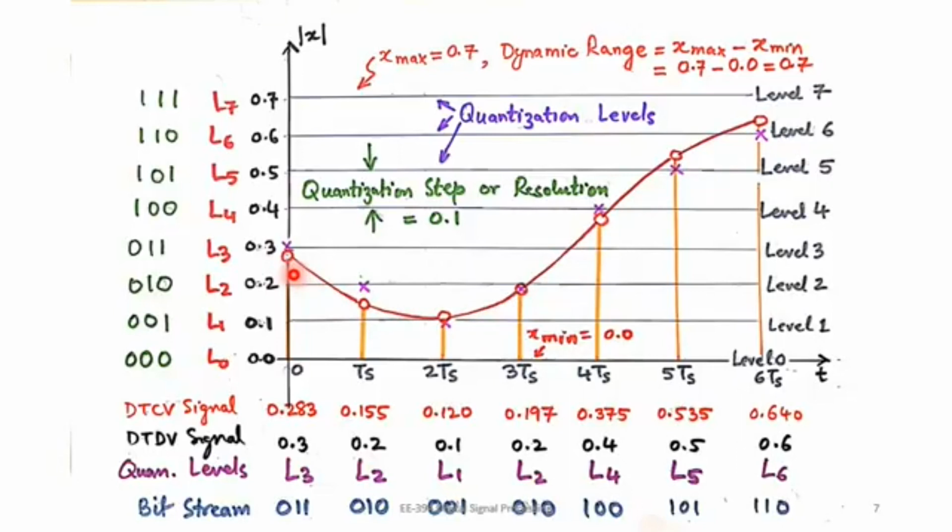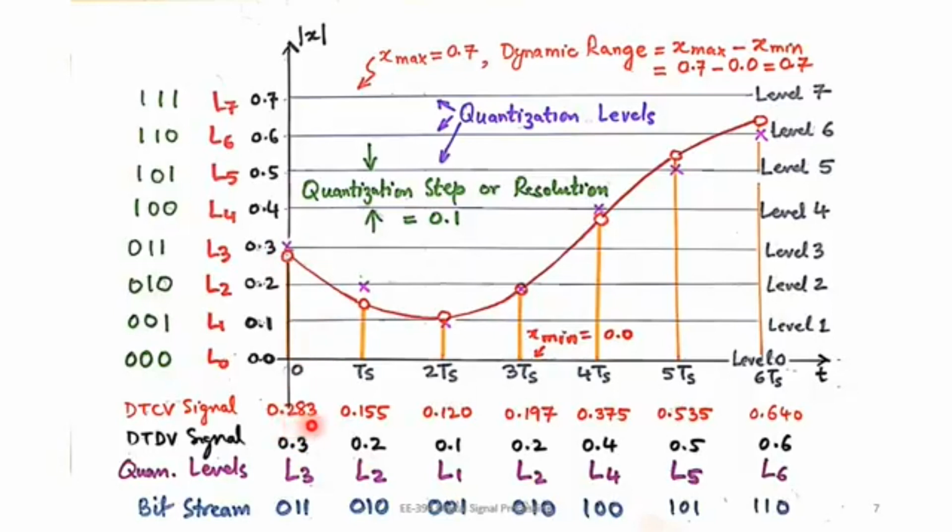And then the first process of analog to digital conversion is sampling. So if in this example we have chosen Ts as the sampling period, then the first sample will be taken at 0.0 and the value of that sample, represented here by a red circle, is close to 0.283.